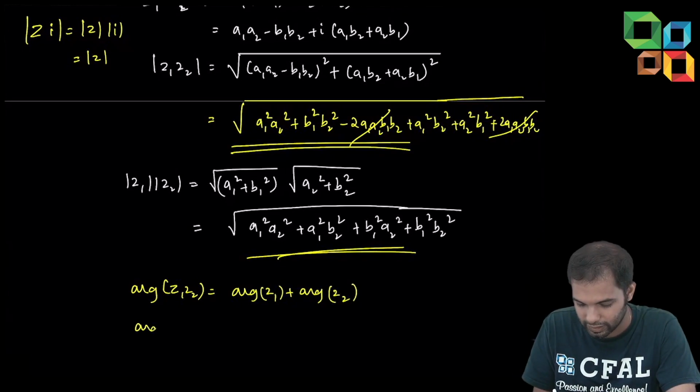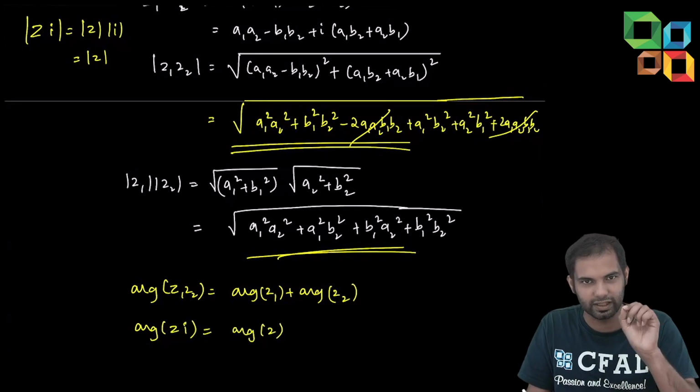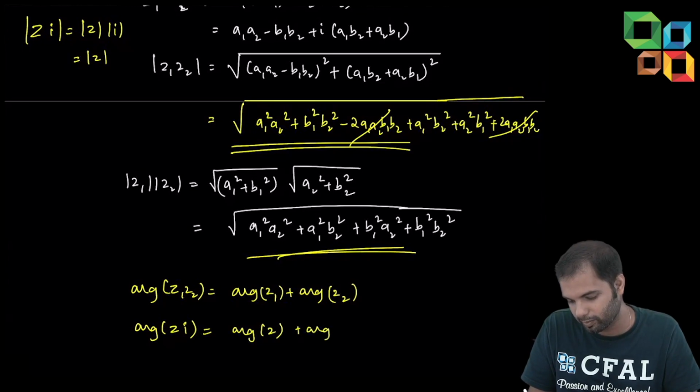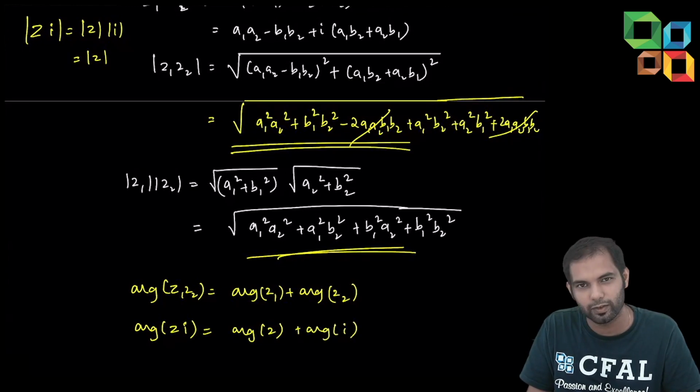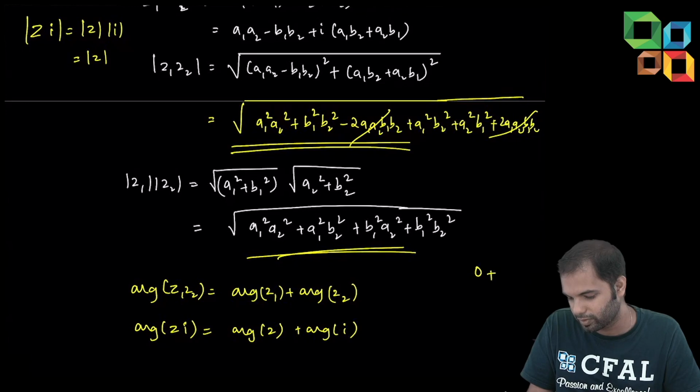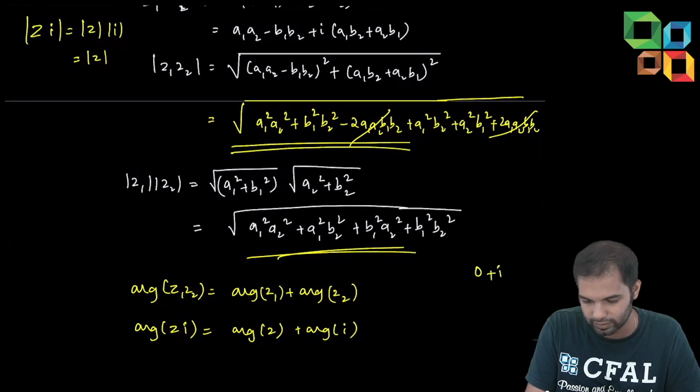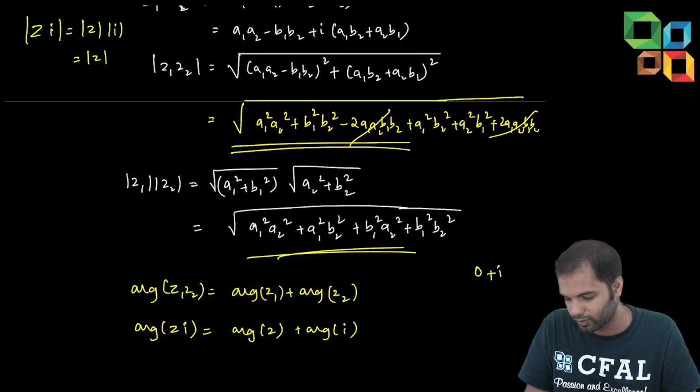So we said argument of Z into i is nothing but argument of Z, whatever angle it was initially, plus argument of i. What is argument of i? i is nothing but the complex number 0 plus i. So tan inverse of 1 by 0.